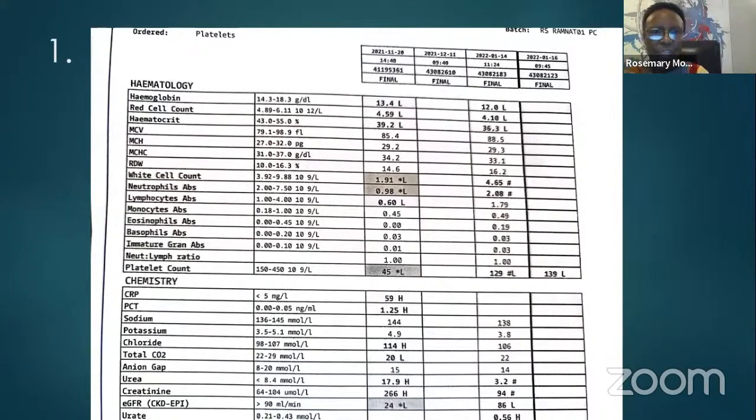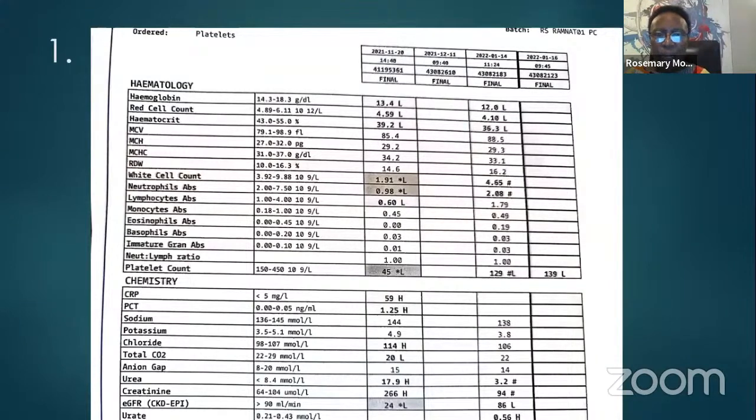If you look at your full blood count on admission on the 20th of November 2021, you can see that he was neutropenic. The white cell count was low, and also the platelets were down. The CRP was a bit on the high side, but if you look at the renal function, the urea was 17.9 and the creatinine was 266. And the GFR was 24.